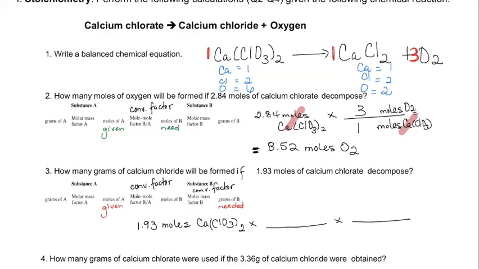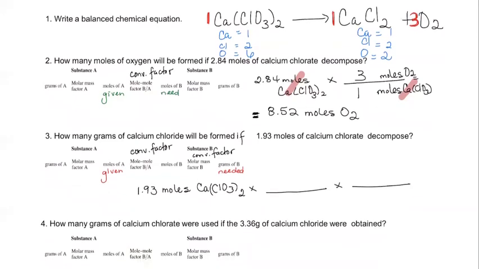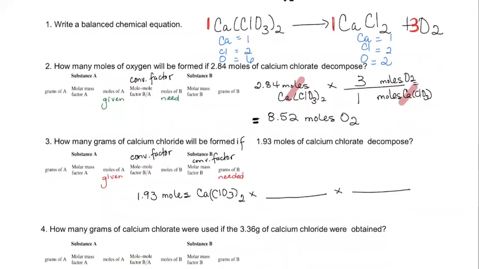The first conversion factor is based on the balanced chemical equation. So I need moles of CaCl2 on top, moles of CaClO3 in the bottom. What's the relationship between these two molar amounts in terms of our balanced chemical equation? Great job, 1 to 1.